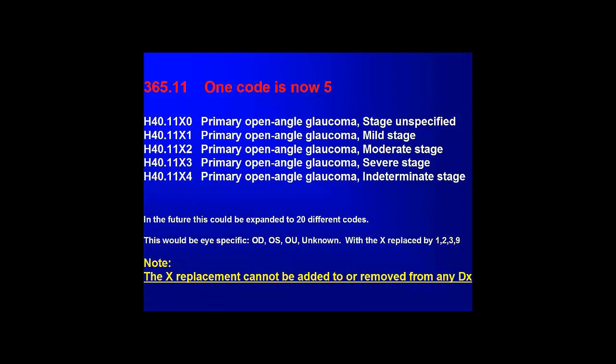One of the things that varies considerably, and we just talked about this, is POAG. POAG previously, 365.11, was 1 code, now it's 5. One of the things that we see is that this one is unique, in that it's based on stage of the glaucoma: mild, moderate, severe.